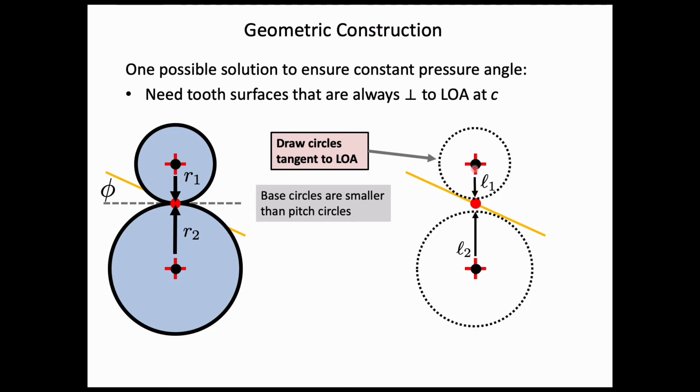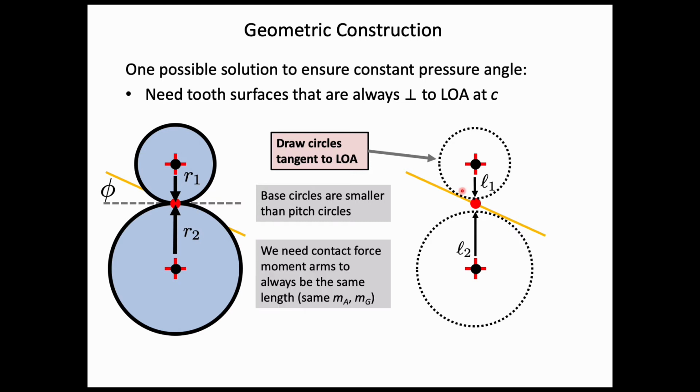So the radius of this base circle is the moment arm. We need the contact force moment arms to always be the same length. And then these are going to provide a constant pitch radius as well.